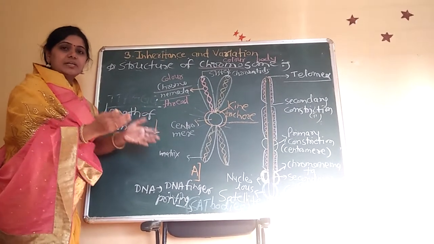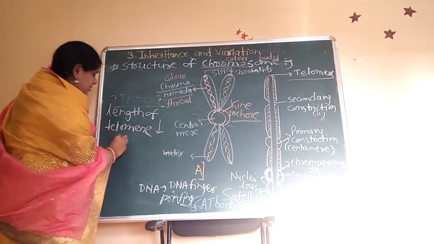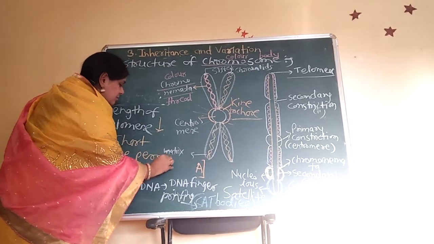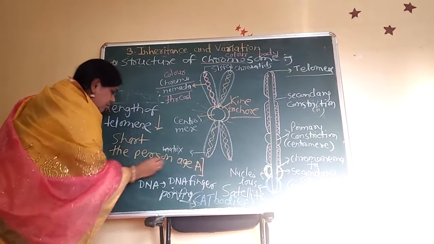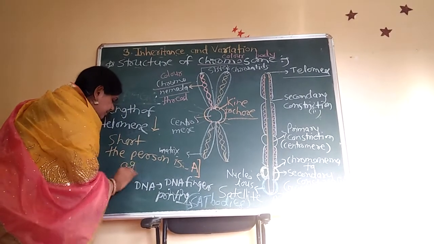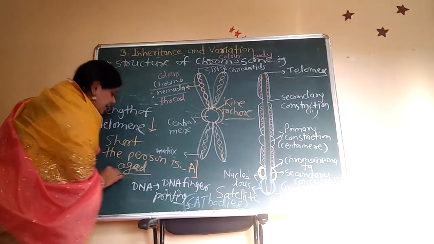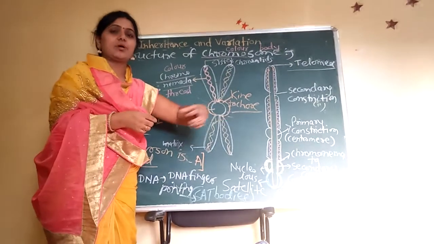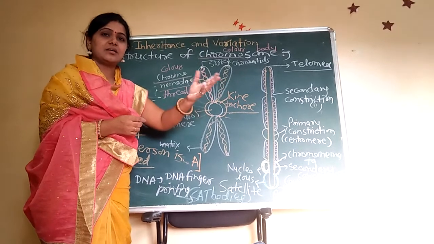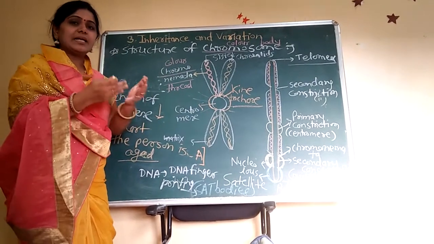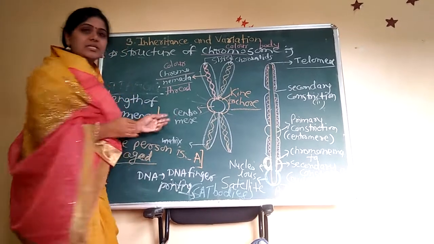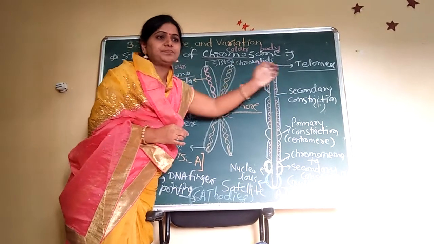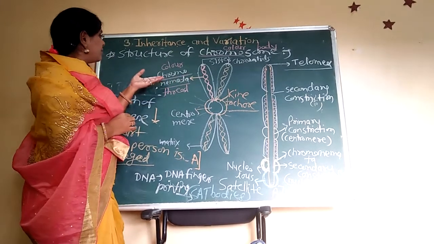When the length of the telomere is very short, the person is an aged person. If the length is long, the person is younger; if the length gradually decreases, the person's age is greater. So telomere length helps calculate age.